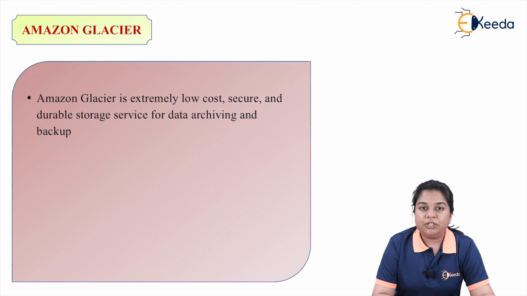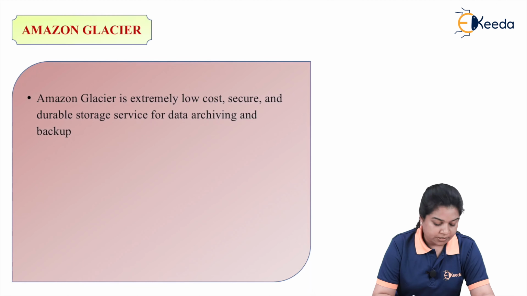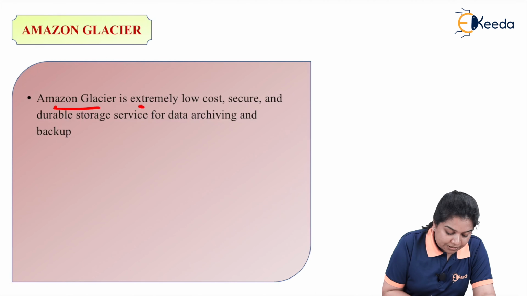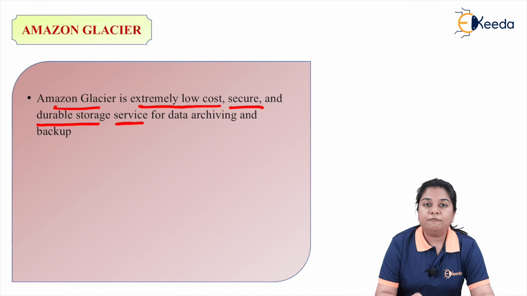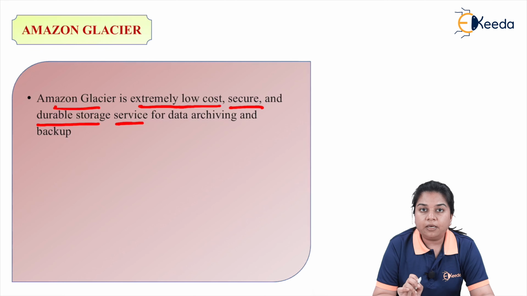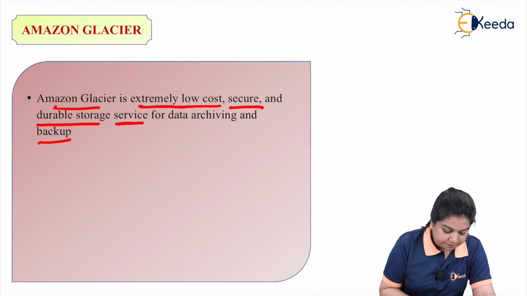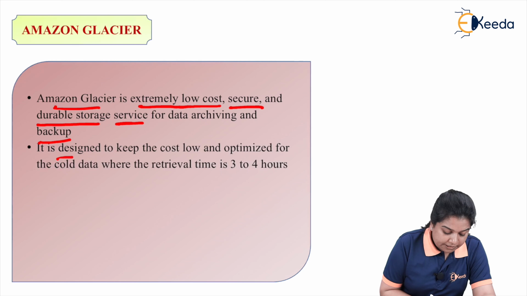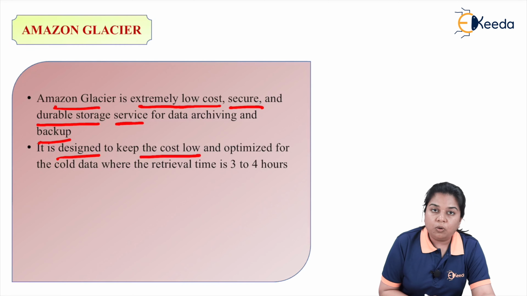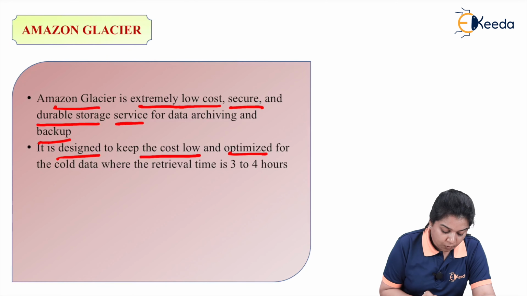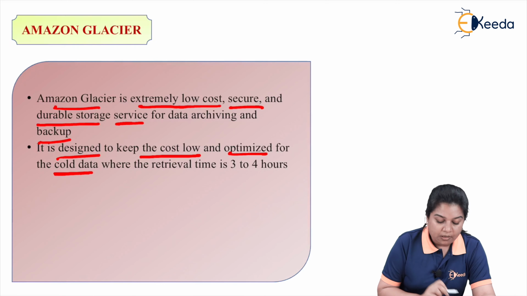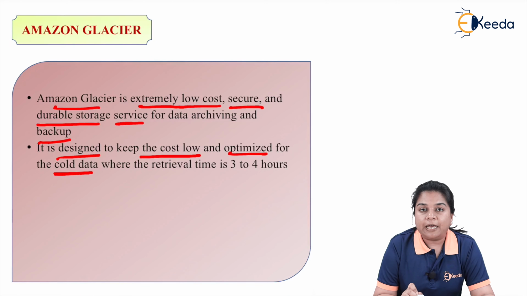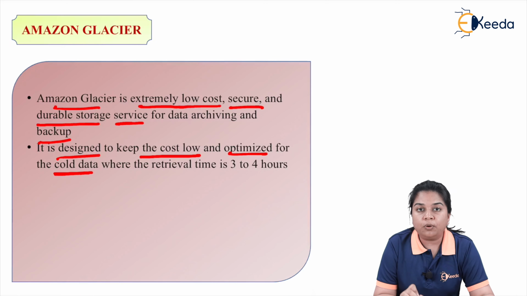Now Amazon Glacier. What is Amazon Glacier? Amazon Glacier is an extremely low cost, secure and durable storage service for data archiving and backup. It is designed to keep cost low and optimized for cold data where the retrieval time is up to 3 to 4 hours.